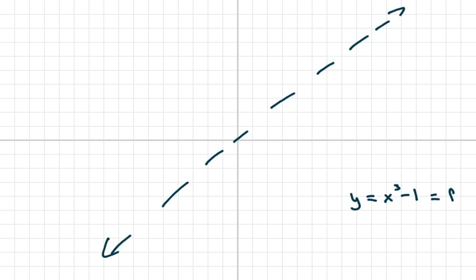So I'm going to graph my line y equals x. And the best way to do this is we're going to graph f first, which is going to be x cubed minus 1. That's your f.